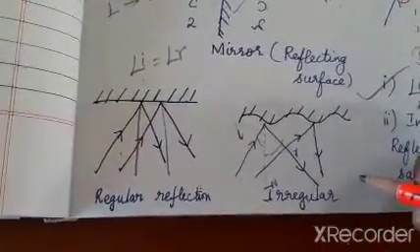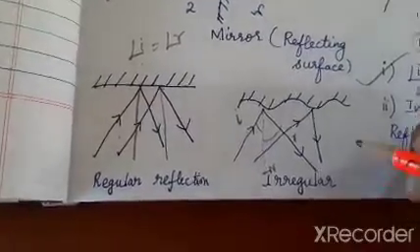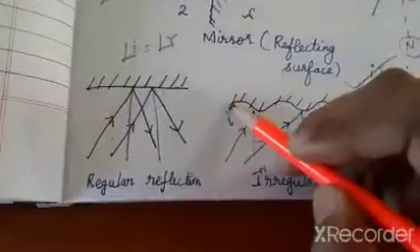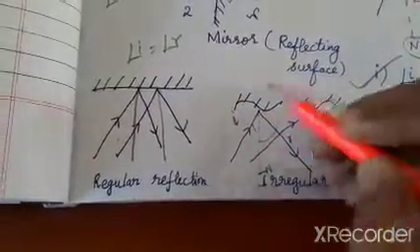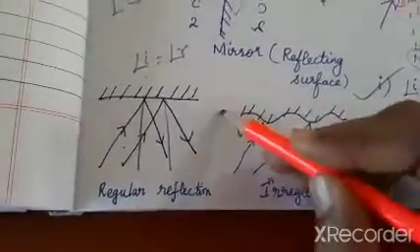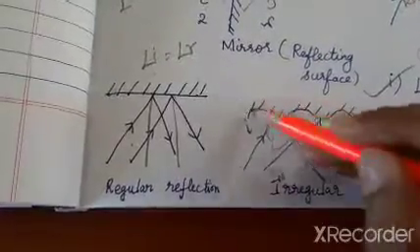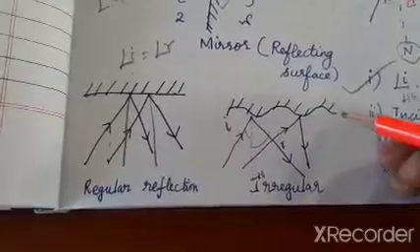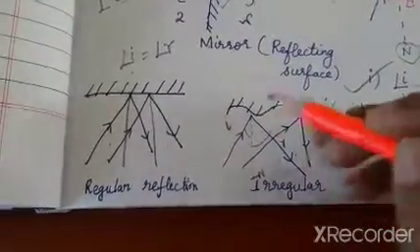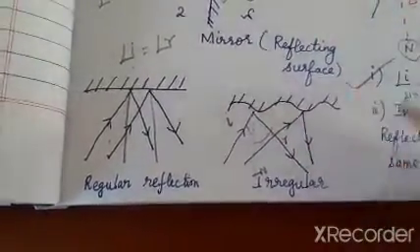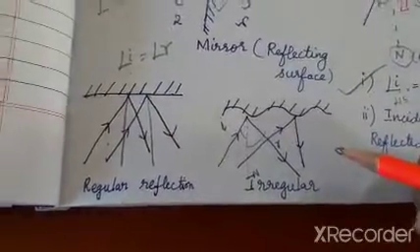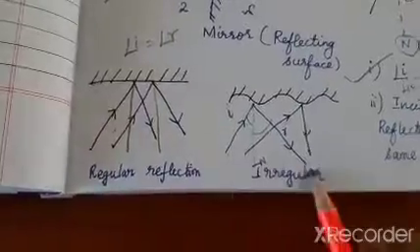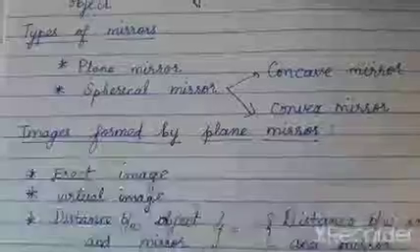So this type of reflection is called irregular reflection. Moreover, look at the reflecting surface. It is also not plane, smooth or straight. It is itself irregular, so the light ray falling on it will also be reflected irregularly. Understood? So these are the two types of reflection, regular reflection and irregular reflection.